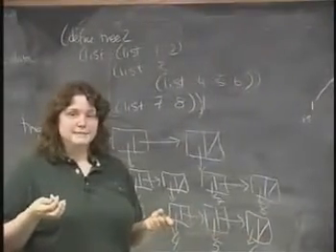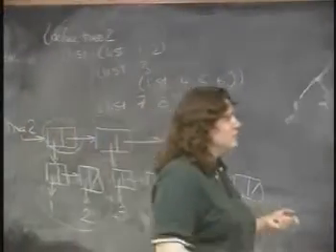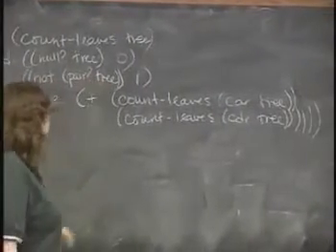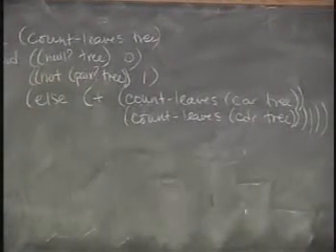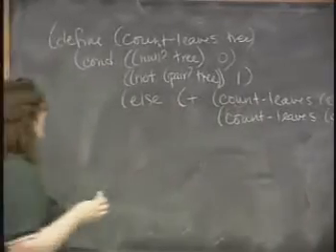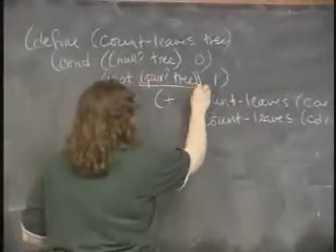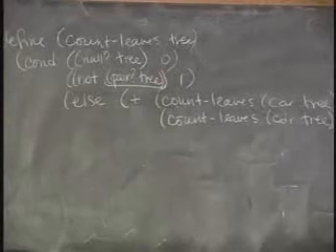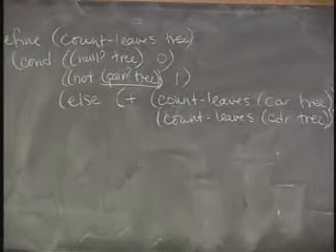Yes? How does the second case work again? Not pair of tree. So, what's the logic there? Pair will return true if it has a pair.